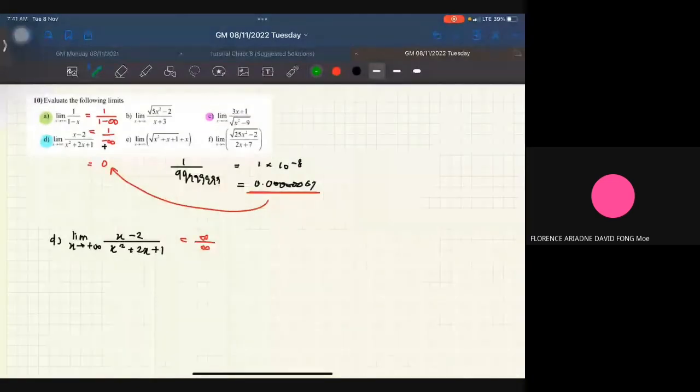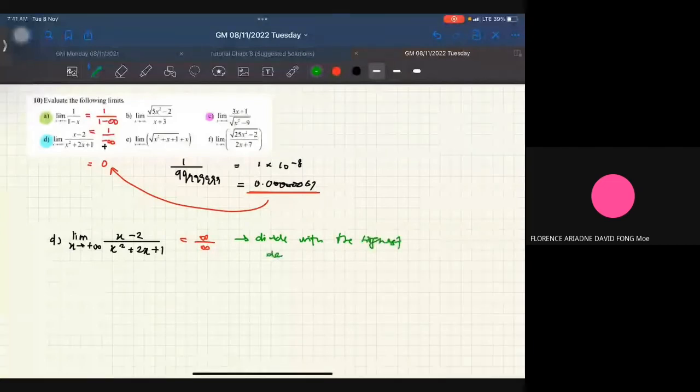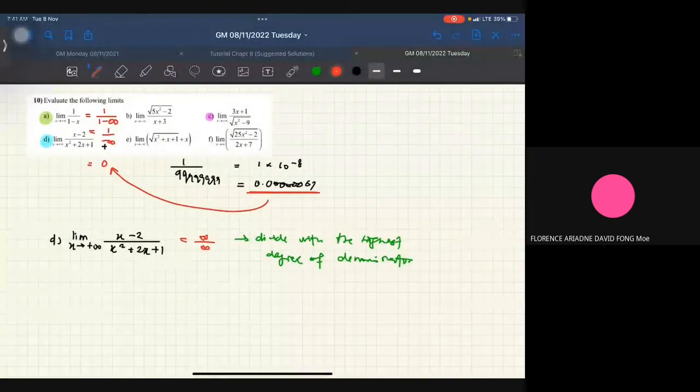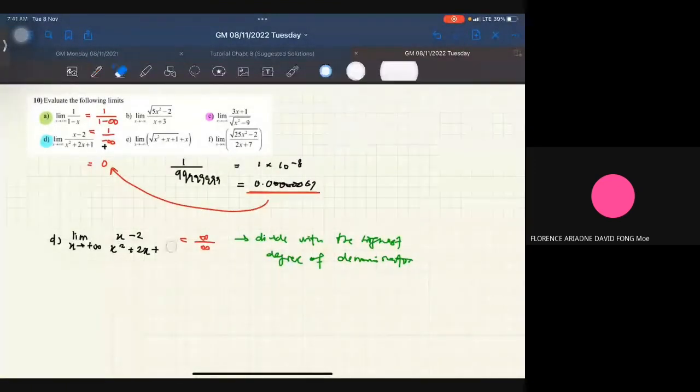Okay, so kita kena divide with the highest degree of denominator. Apa maksud saya kat sini adalah, bila tengok dekat awak punya denominator, the highest term lah kiranya.